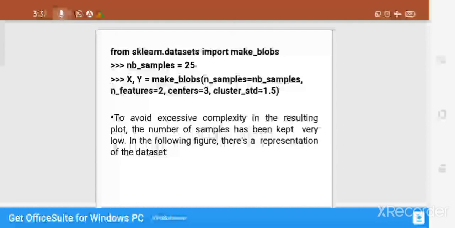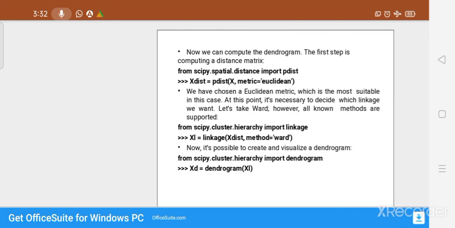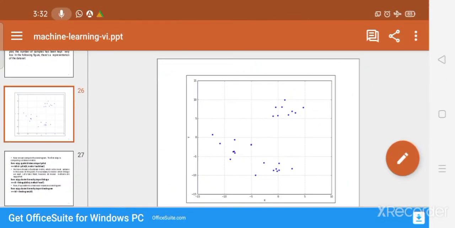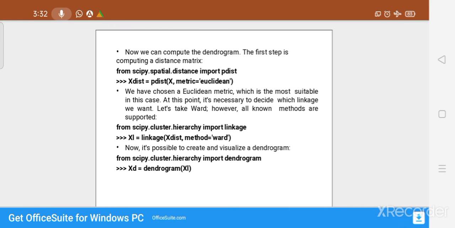In the following figure, there is a representation of this dataset. Here we have considered 25 samples and 3 clusters, so that's why it is divided into 3 different clusters. To get the idea in a better way, we are considering a smaller number of samples.